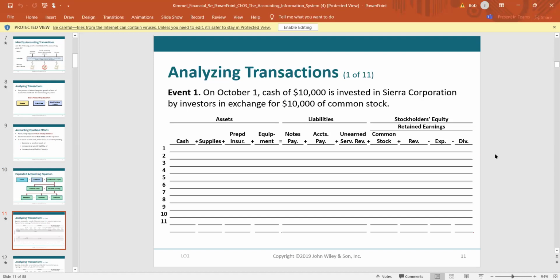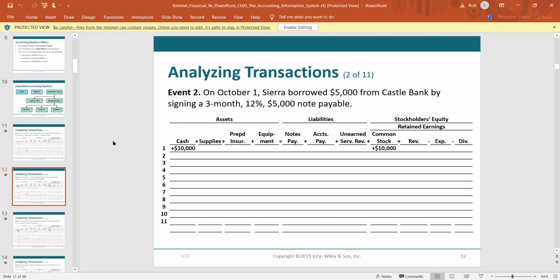We had zero, now we have $10,000. So I would expect to see a $10,000 increase here. And what else went up? Common stock, which is a component of stockholders' equity. So there we go. Say hello to your first transaction. Cash went up, common stock went up.